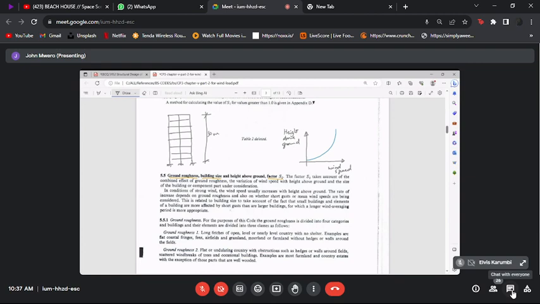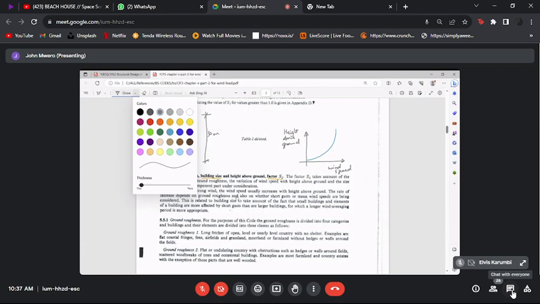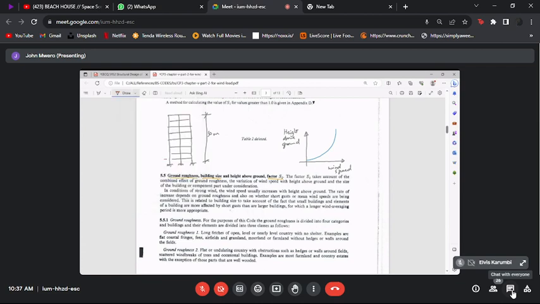The wind speed here will not be the same as the wind speed here, and will not be the same as the wind speed here because of this variation.